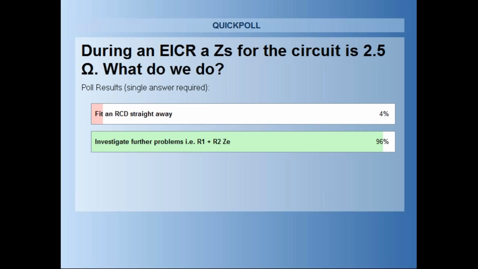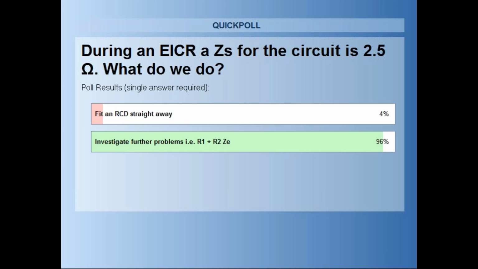From the result, I must admit, it's a very pleasing result. Well over 90% have decided that the best option is to investigate further. You've got to remember that if you're doing a periodic inspection and you do get high Zs values, it could be down to wear and tear of the installation.